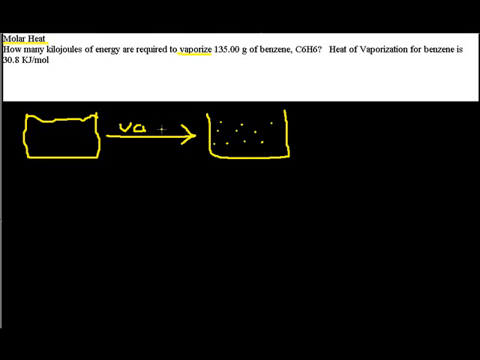Now vaporization, I can't write very well at all, my apologies, is going to require an input of heat. So let's label this as heat.